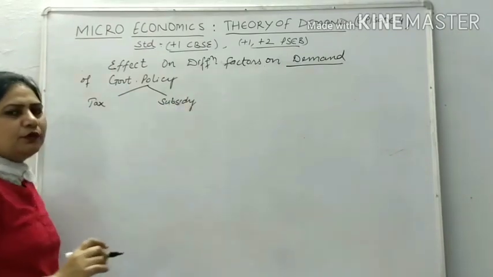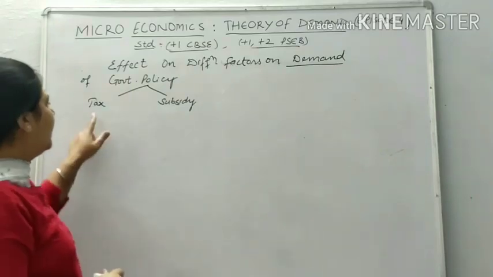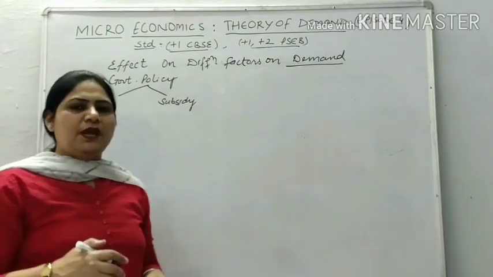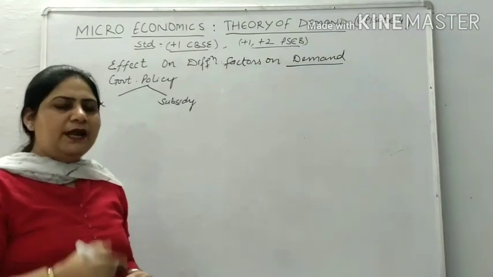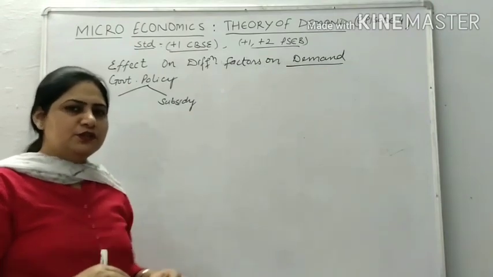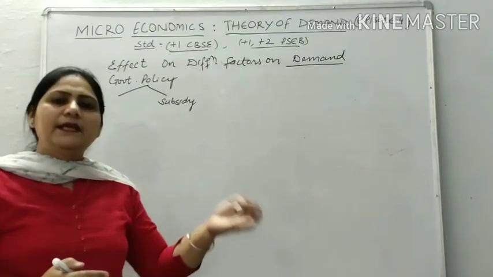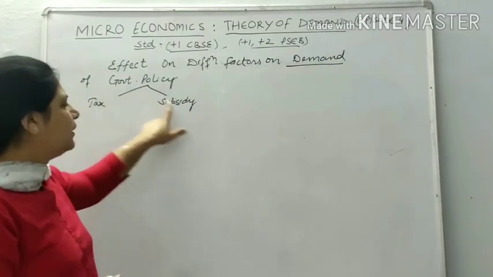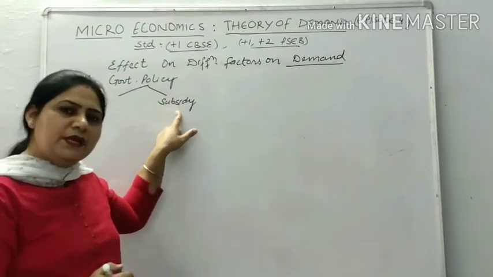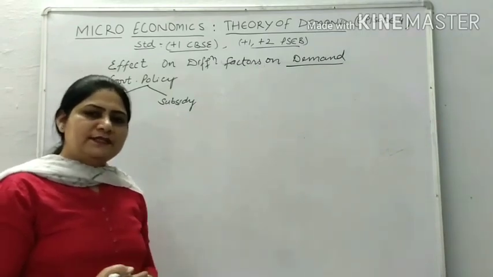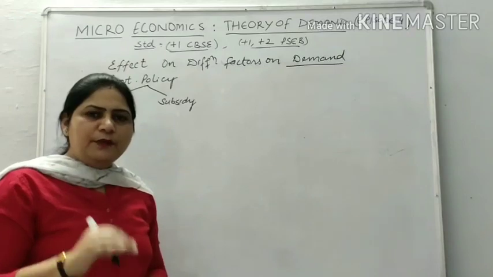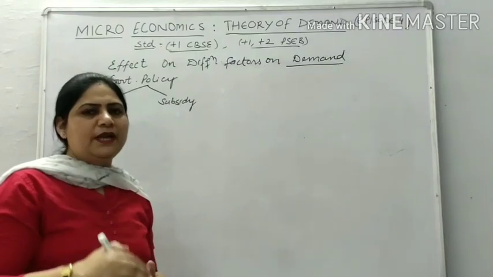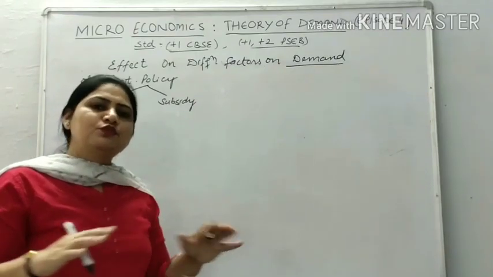As I have told you in my earlier videos, taxation or taxes are compulsory payments that a consumer has to make to the government, and these are imposed directly on the consumer, sometimes indirectly as sales tax. Subsidy is a financial assistance that is given by the government to the producer, so as to cut his cost of production.